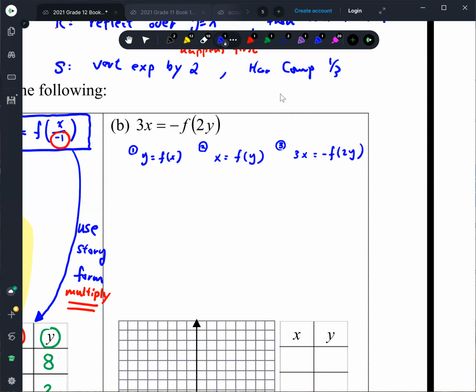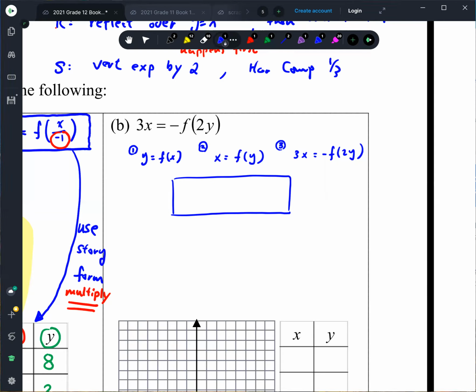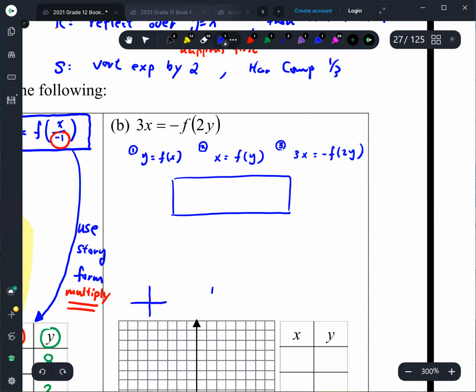Whatever that's before the f, outside the function, you have to move it to the left. Make sure all the numbers go under the variable. So turn this into story form. Once you got the story form, you can raise your hand, and then we're going to make a comic again.